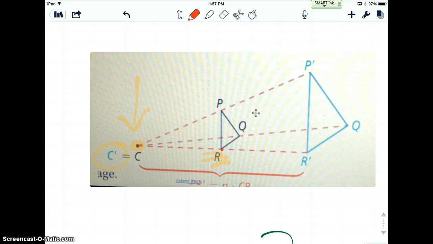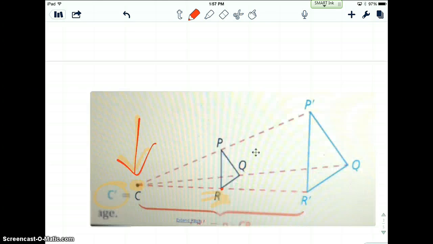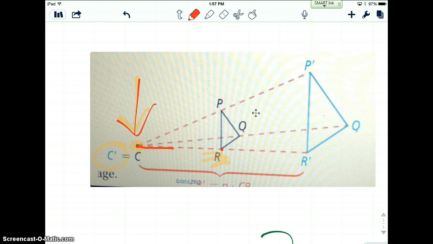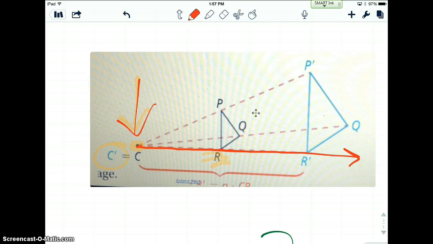So in this case, R prime is not going to be the same thing as R, because it's not on our center. And then it also says it's on line CR, so let's make sure it is. So on line CR, so I produce this line, R prime happens to be on it. Check, that works. And CR prime, the distance from C to R prime.